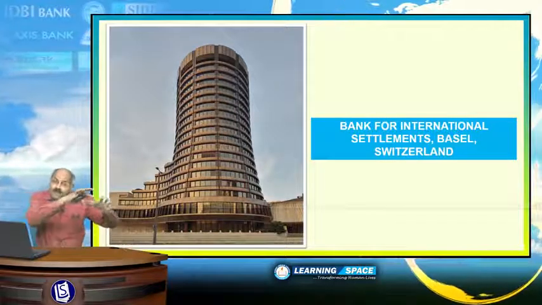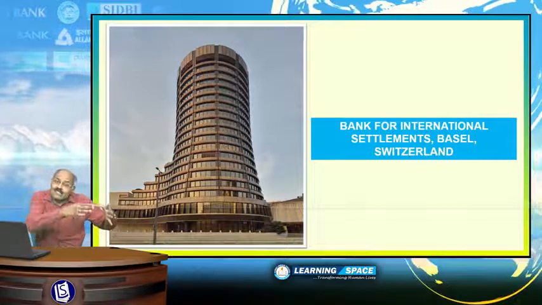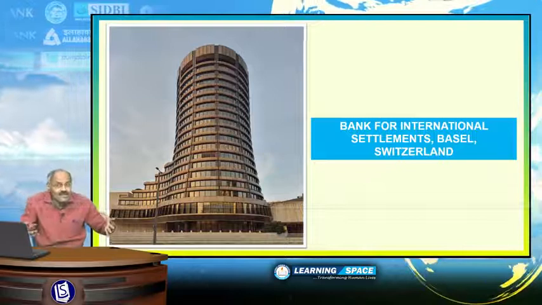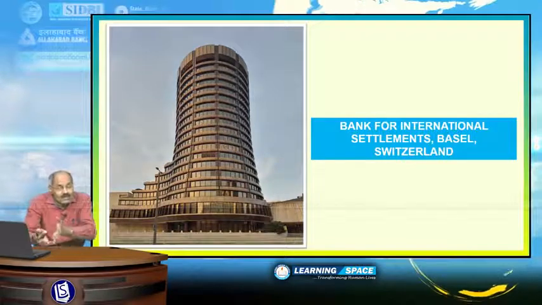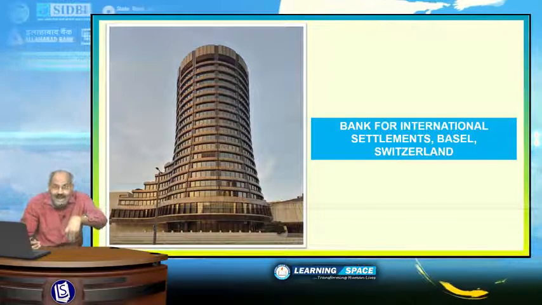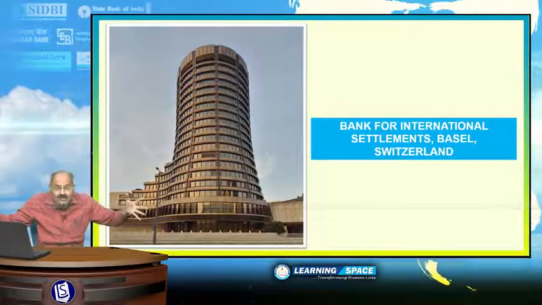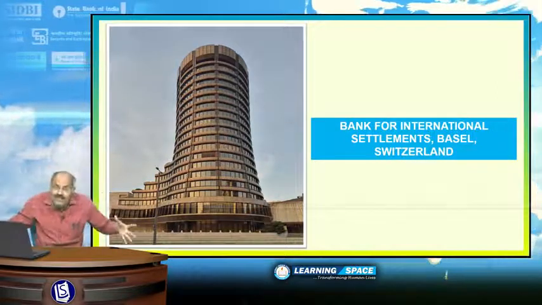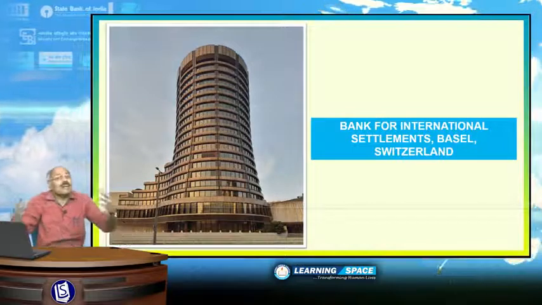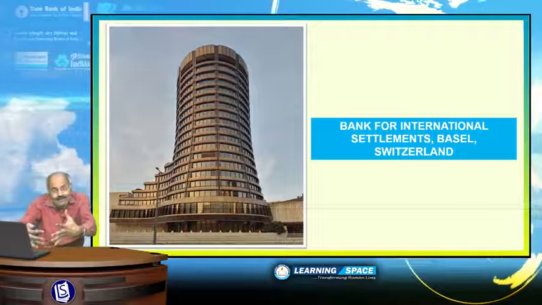The purpose of each and every central bank is to look at the monetary stability of each and every country. But nowadays, the global economy is interconnected. That's why this Bank for International Settlements, or BIS, Basel, Switzerland, is the central bank for the central banks, you can say, to look at the monetary stability and financial stability of the world as a whole. That's why several central banks are members of BIS.